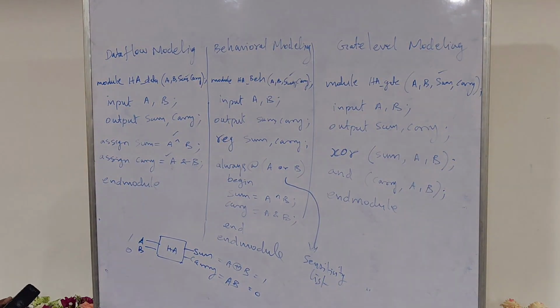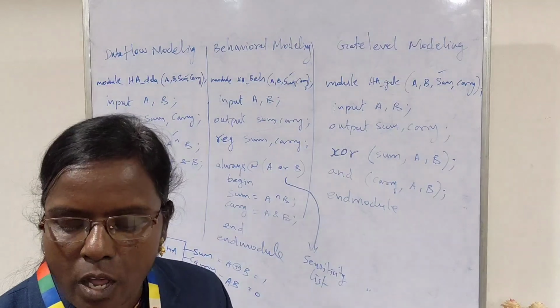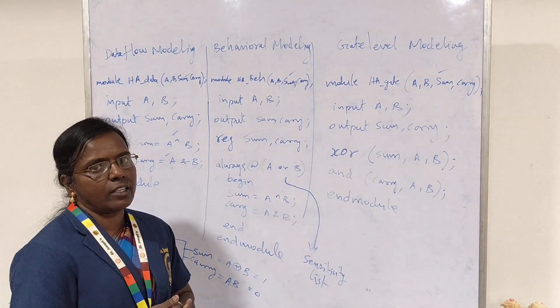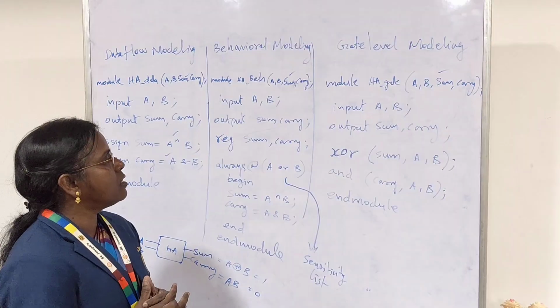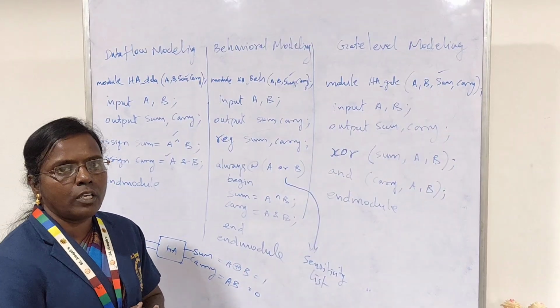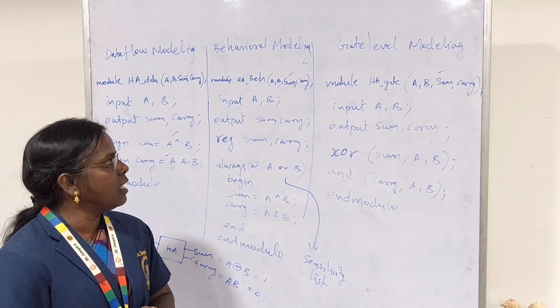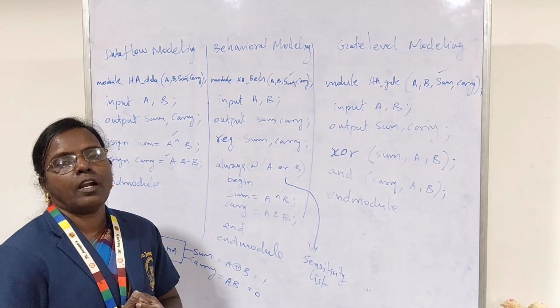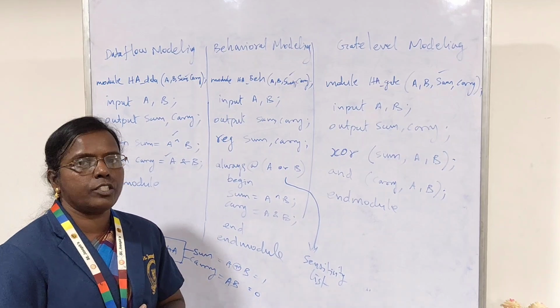So this is how we can write the Verilog HDL code for describing the functionality of the hardware circuit half adder. This is the simple understanding of writing Verilog HDL. Based on this, we can develop the code for all the other logic circuits.